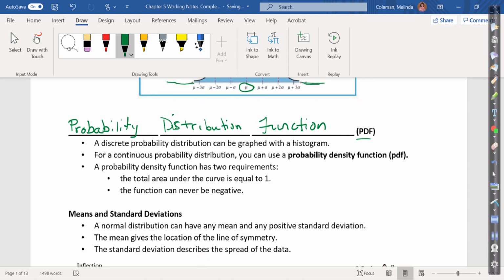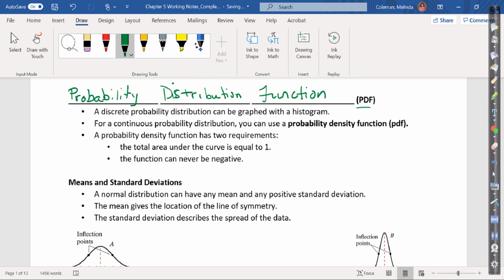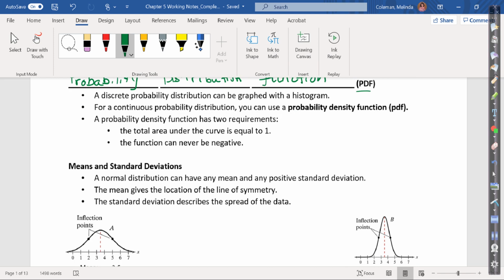A discrete probability distribution can be graphed with a histogram. For a continuous probability distribution, you can use a probability density function. The probability density has 2 requirements. Again, the total area under the curve is equal to 1, and the function won't be negative.